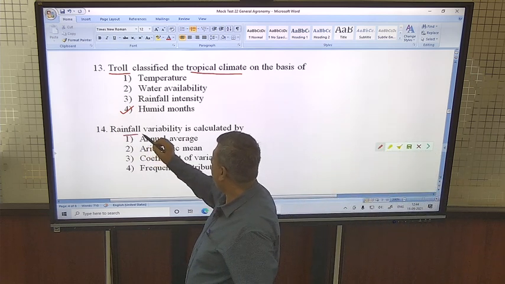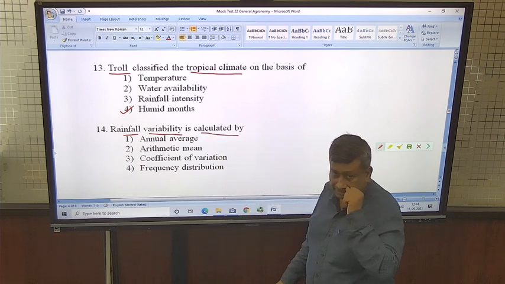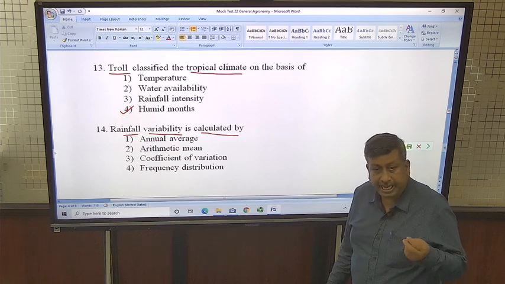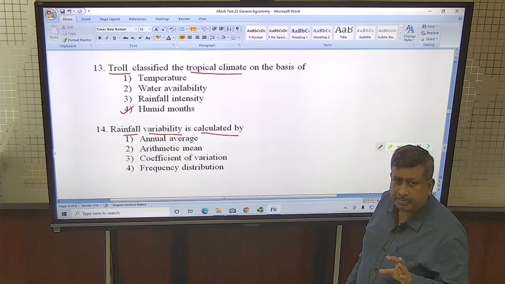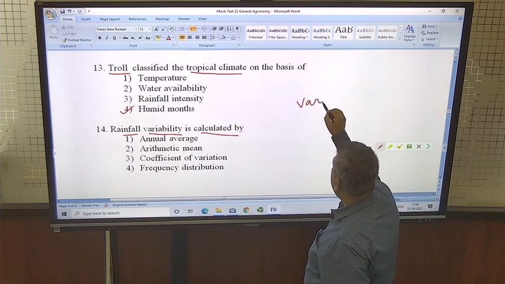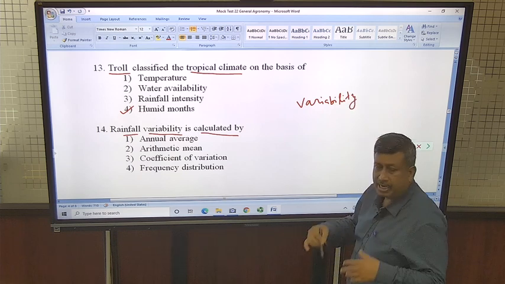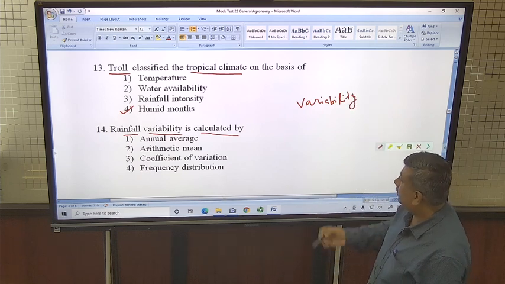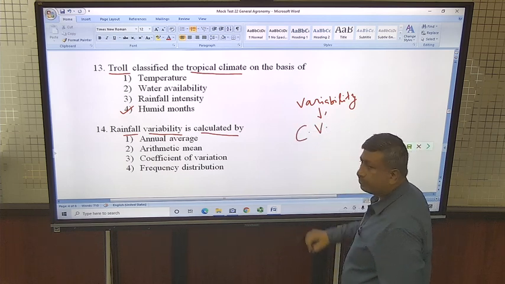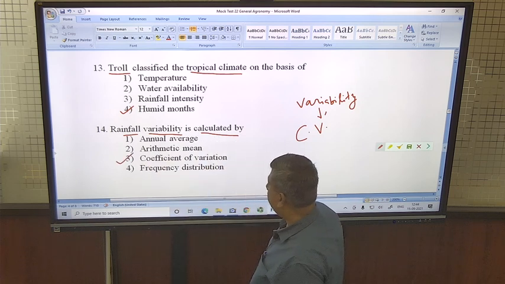Then, rainfall variability is calculated by what? This is a statistical question. Any variability, whether of temperature, yield, wind speed or plant height, in any factor, is calculated by CV, the coefficient of variation.